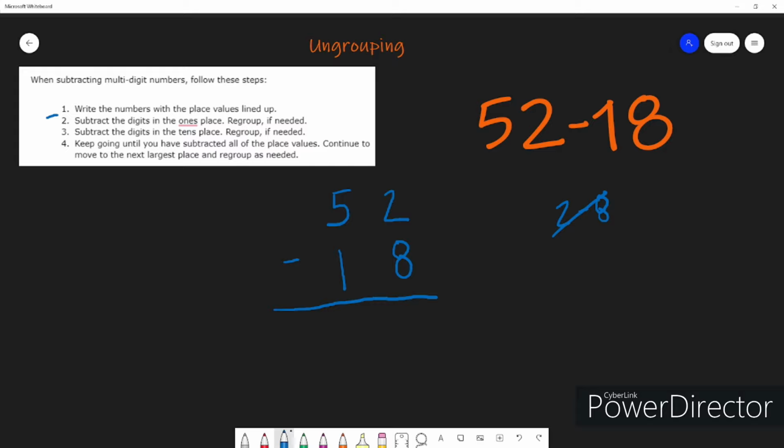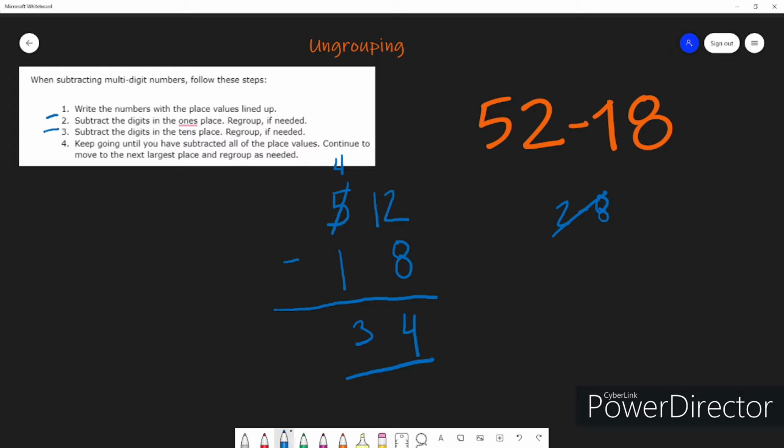Therefore, what you have to do is regroup the 5 to make it a 4, and utilizing that 10 you took to make the ones place a 12. So now you can do the subtraction, which is now 12 minus 8, which equals 4 in the ones place. 4 minus 1, which is 3 in the tens place, leaving us with the answer of 34. And I kind of went ahead and did number 3, subtracting the digits in the tens place.